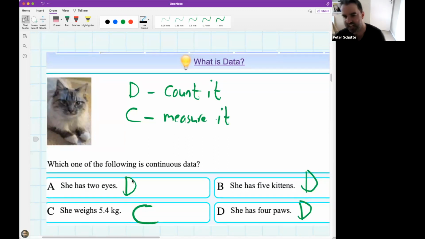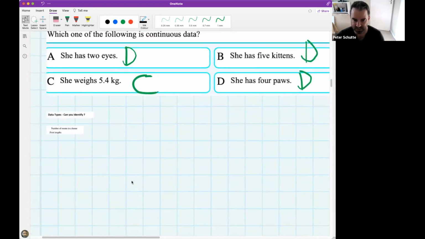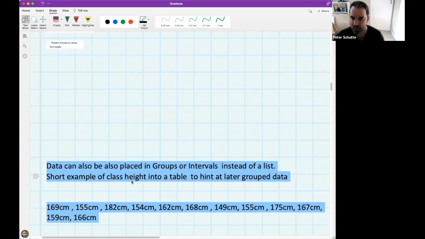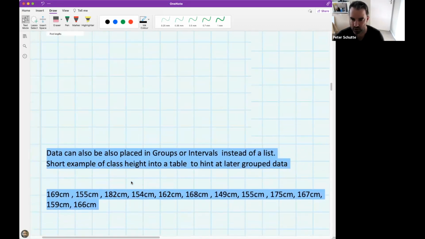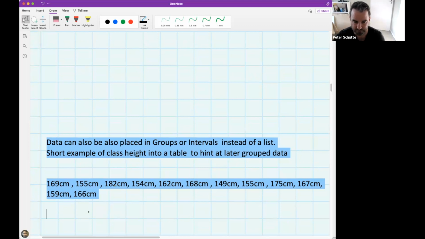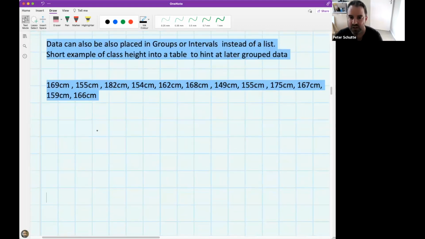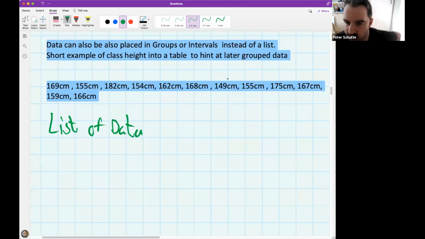Okay, so that's going to come up later, but for now, that is some basic data stuff to start with. Now, if we look at data in general, there are 2 different ways that we can look at data. We can think of data as a list. So I've got a whole bunch of heights from a class, and this is called a list of data. This is a common way of representing data.